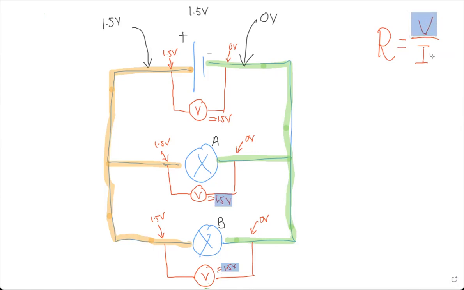So now, if I were to put an ammeter at these two lines, if the first one has a higher current, the second one has a lower current, because they have the same V, right?